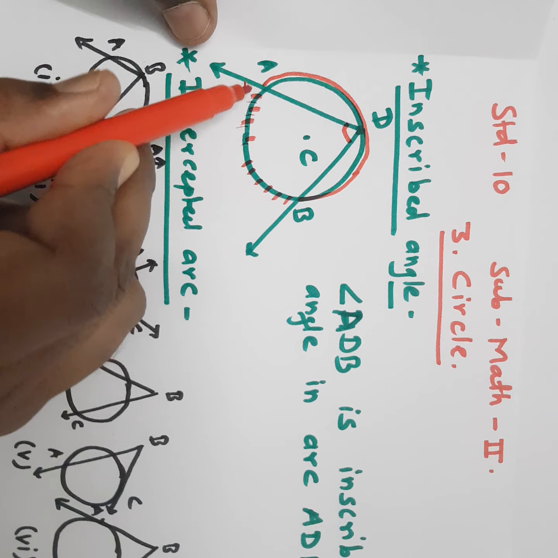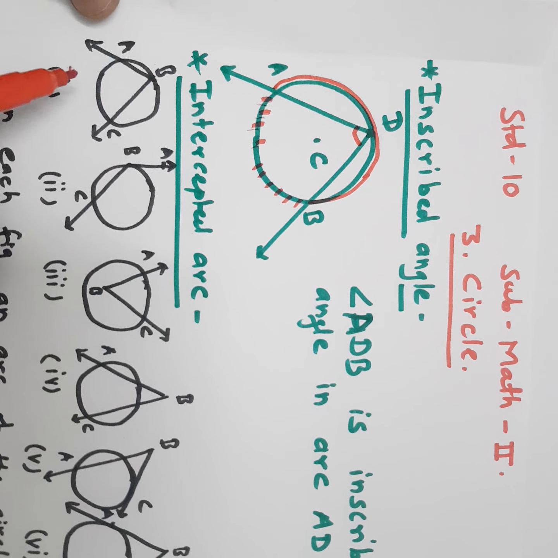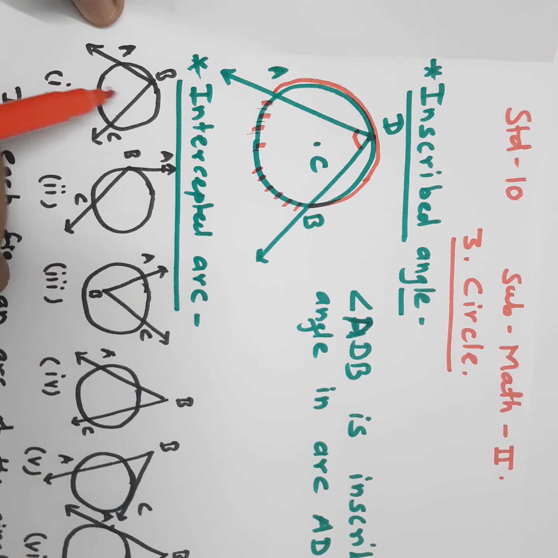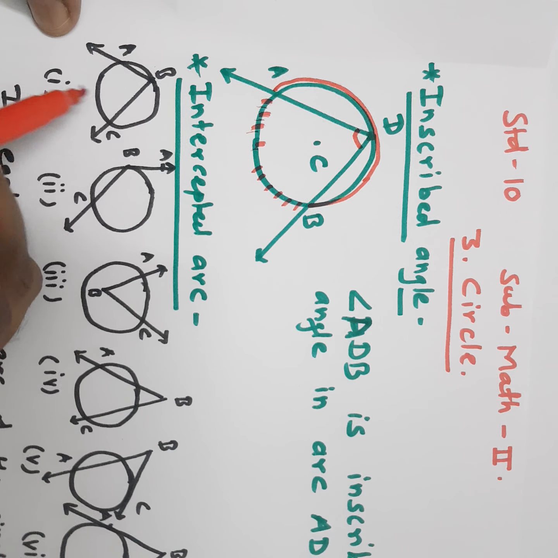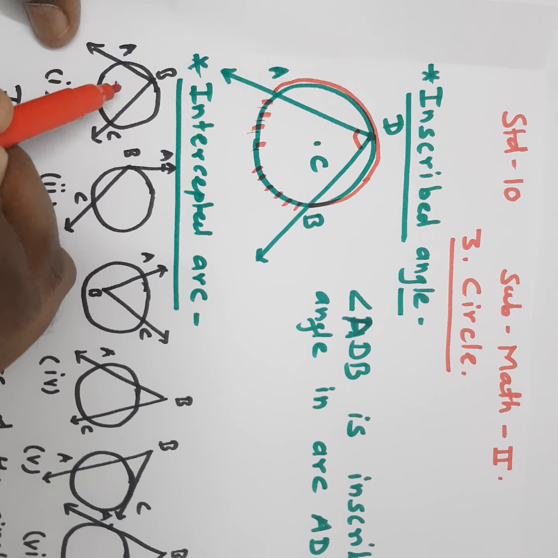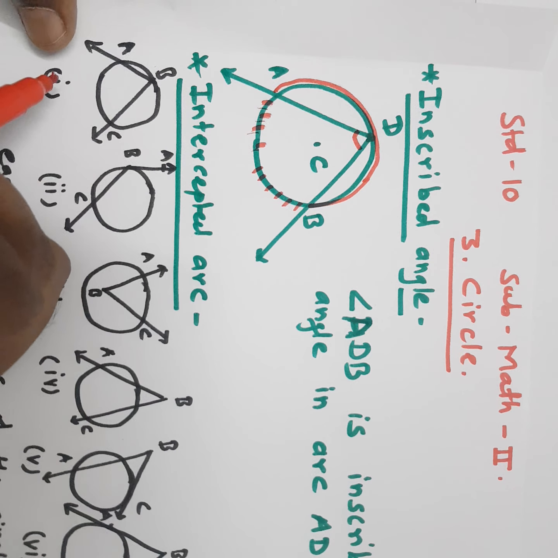This condition is present in this first figure also. Therefore, only in the first figure there is an inscribed angle and an intercepted arc also.